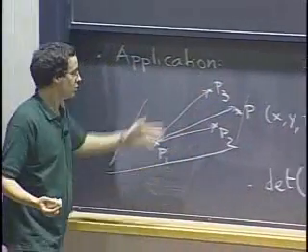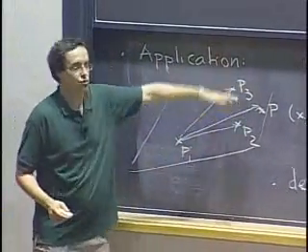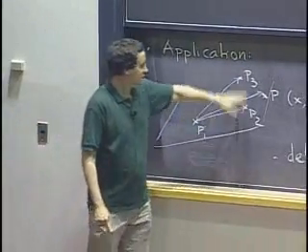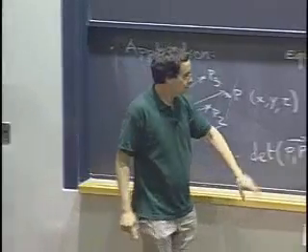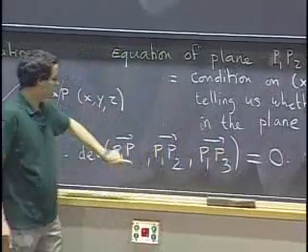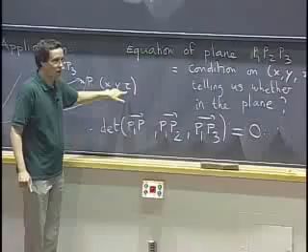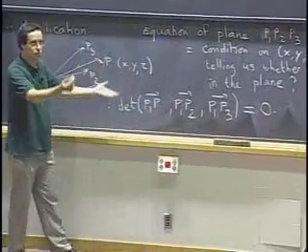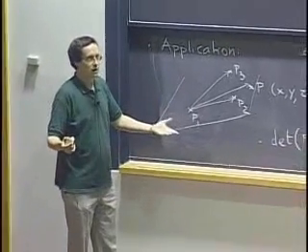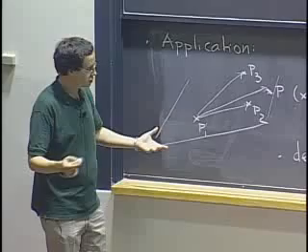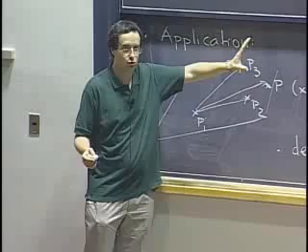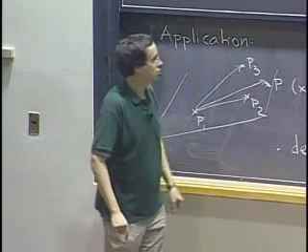And if I gave you numbers for these points, you would be able to plug them in. You could compute these 2 vectors explicitly, you would have numbers here. But here, of course, this would depend on x, y, and z. So when you compute the determinant, you get a formula that involves x, y, and z, and that condition on x, y, z is the equation of a plane. Okay, so we're going to see more about that pretty soon.